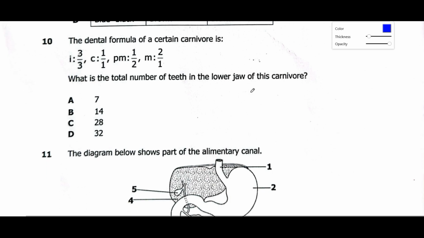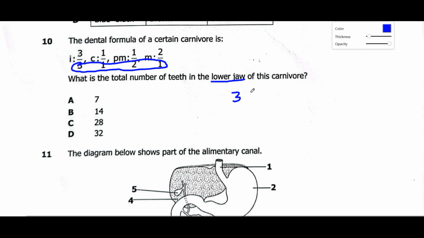So for question 10, the dental formula of a certain carnivore is 3, 3, 1, 1, 1, 2, 2, 1. What is the total number of teeth in the lower jaw of this carnivore? So the focus is on the lower jaw. So the lower jaw is this. So let's add the numbers.